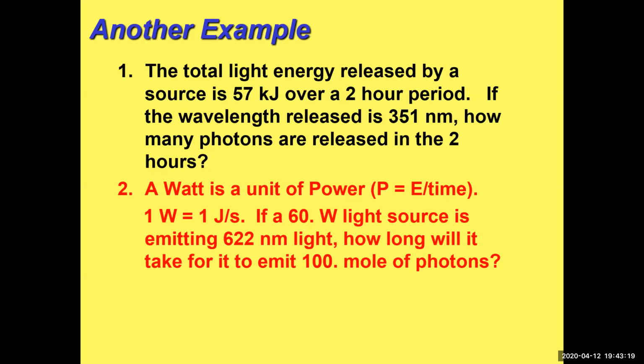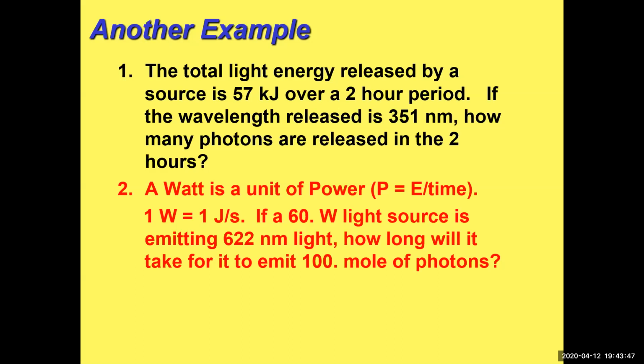I do want to say that this problem is not really realistic for a real light source. And that's because if you have a real light source that is labeled 60 watts, it's taking in 60 joules per second. That's what 60 watts would be. But that's how much energy it's taking. So if you have it plugged into your outlet, it's consuming 60 joules of energy every second.